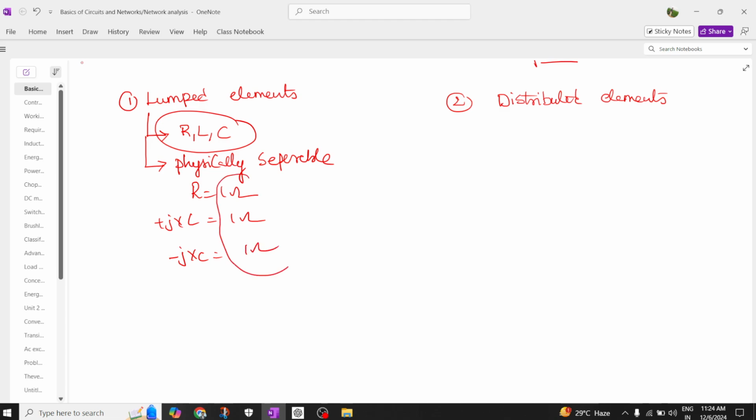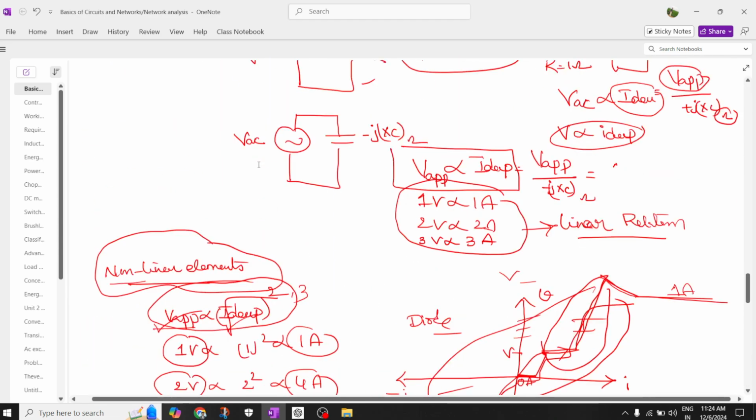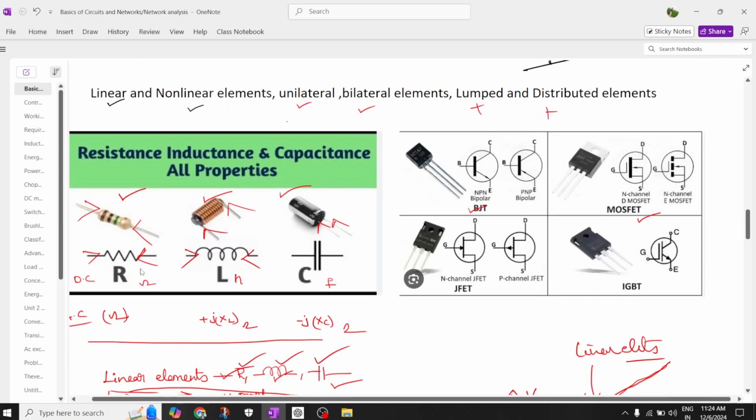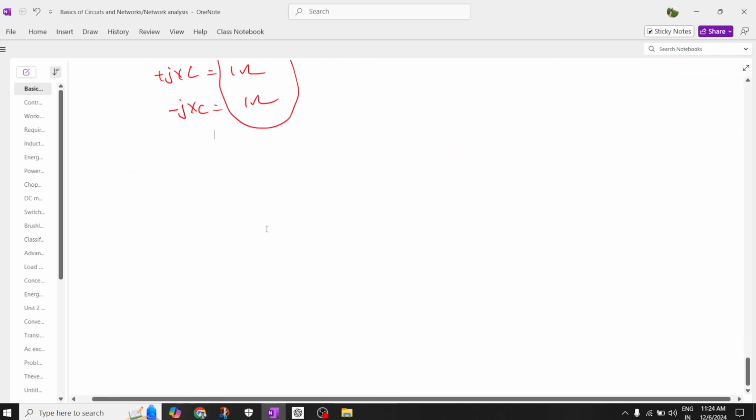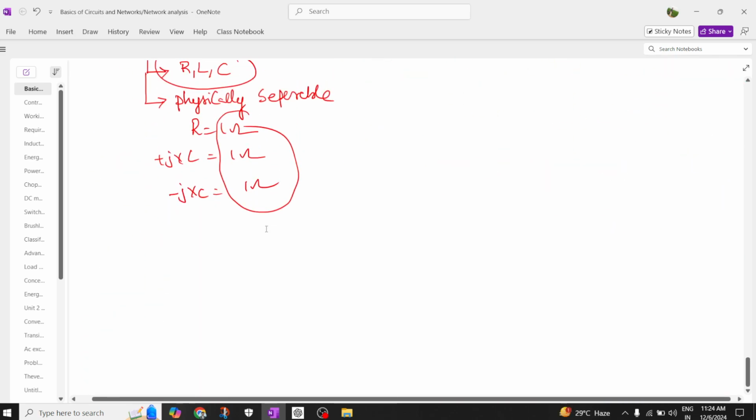So I can separate them. You can see here these elements R, L, C, this resistor, inductor, capacitor, are physically seen and physically separable. So those elements are called lumped elements, and their value is also very clear, 1 ohm in resistor, and in inductor plus jXL 1 ohm.